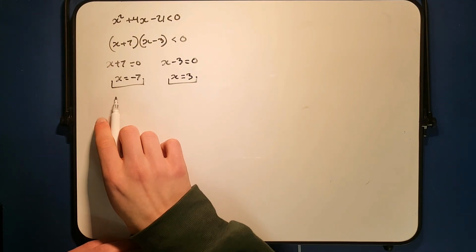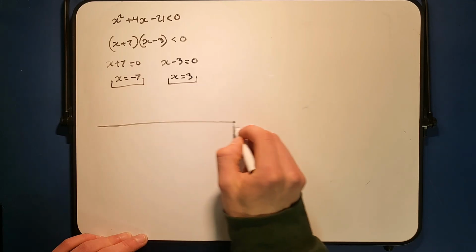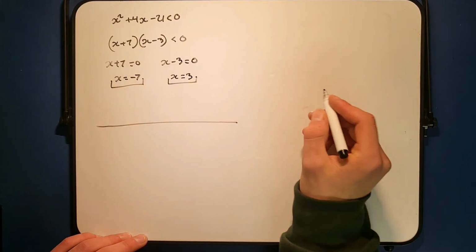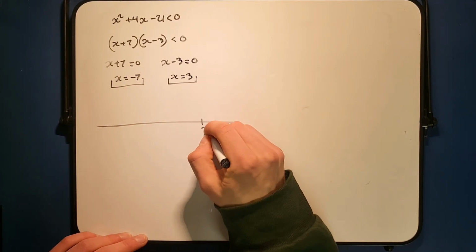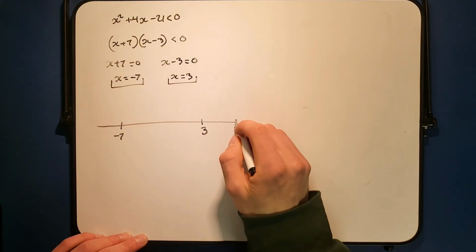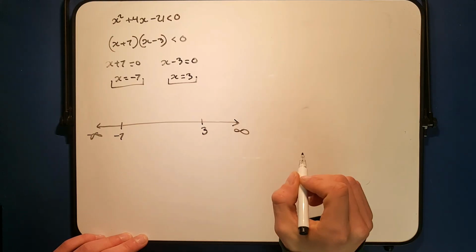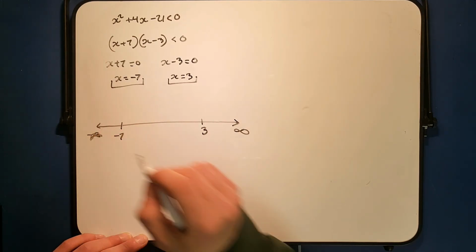Now once we have our solutions for our x terms, I will draw a number line for visualization. So we have x is 3, we'll write 3 up here, and x is minus 7 all the way down here. And our number line goes from negative infinity to positive infinity, okay?